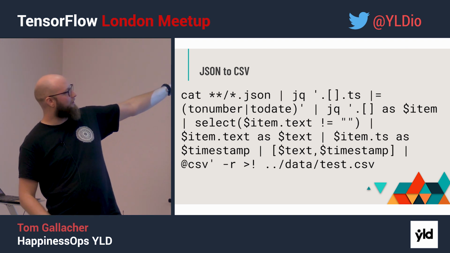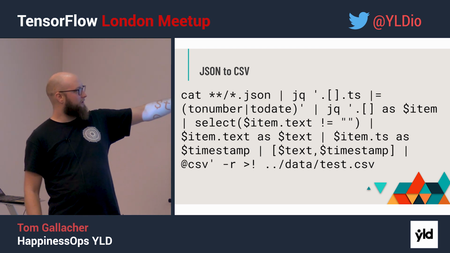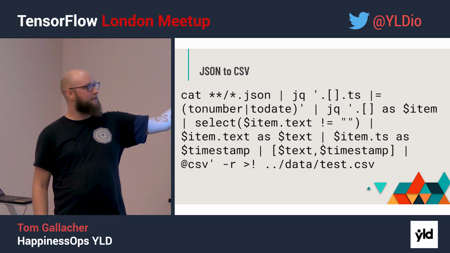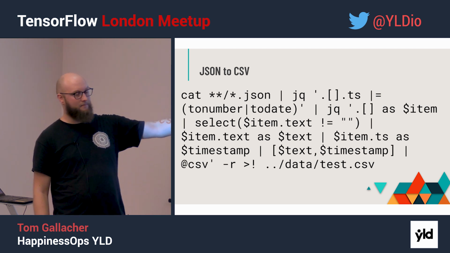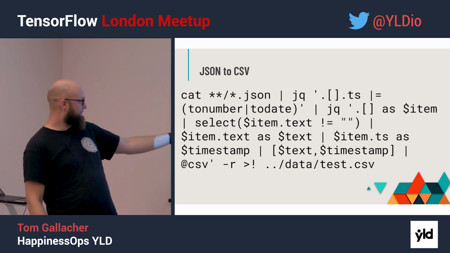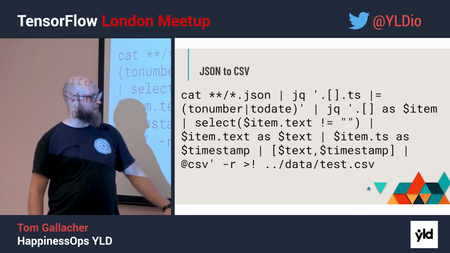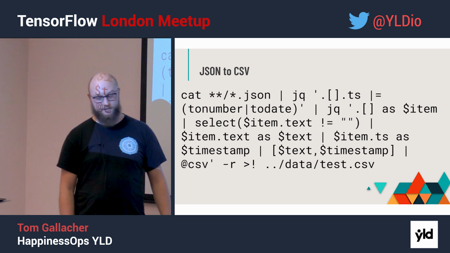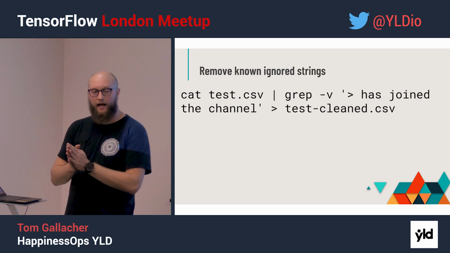So what I do here is cat all of the JSON files, change the timestamps to a readable date. I then make sure I omit any items that have an empty text field, and then create a CSV using text as the first column and timestamp as another, and output it to test.csv. So now I have a CSV piece of data.